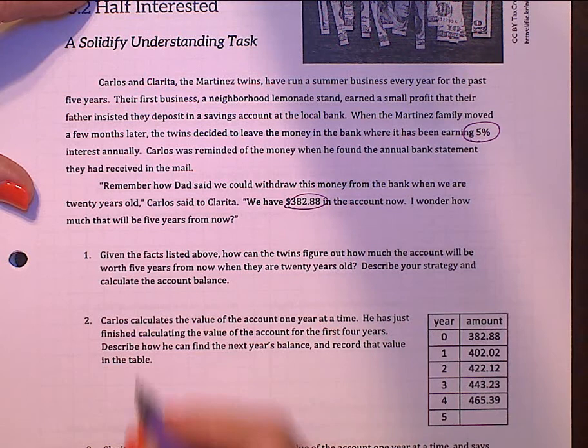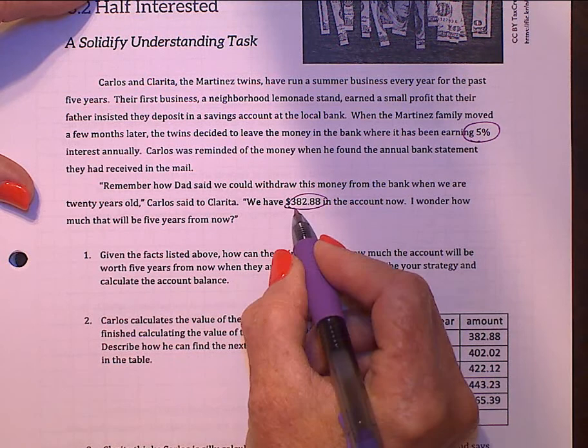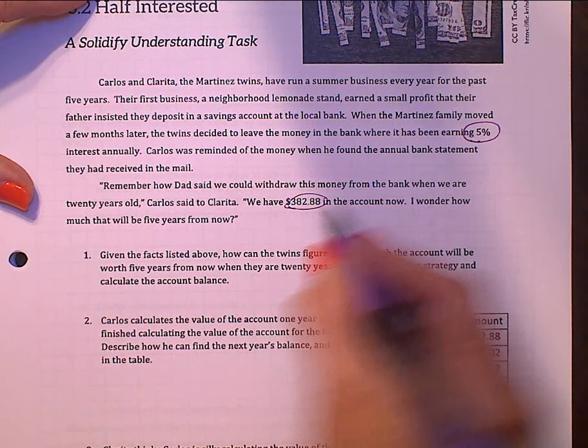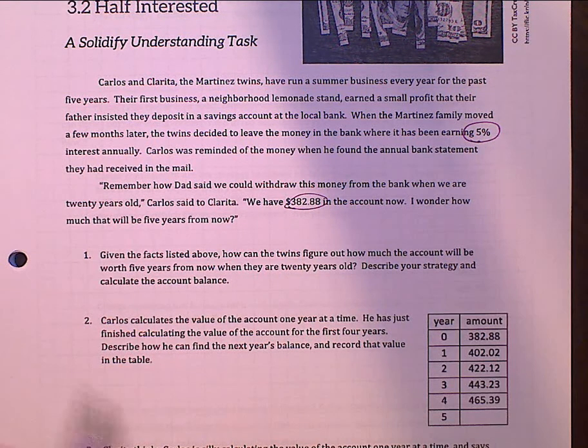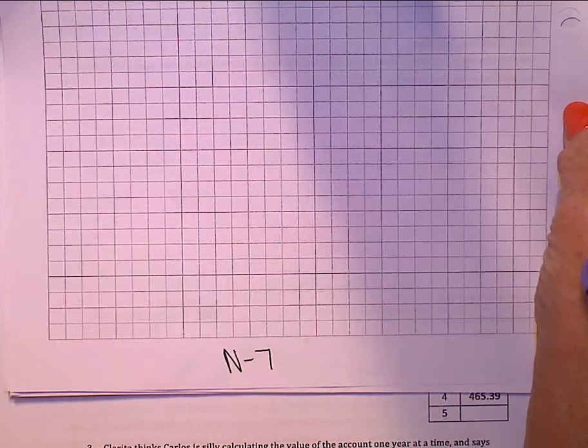Well, we could take that 382.88 and multiply it by that 5%, and there's not that much space over here. So let's go next door to page N7. This is page N7.